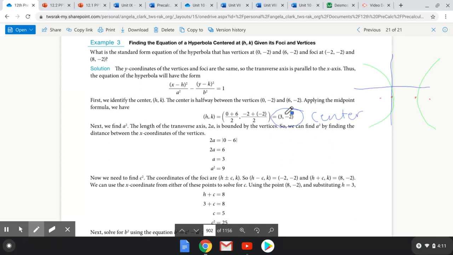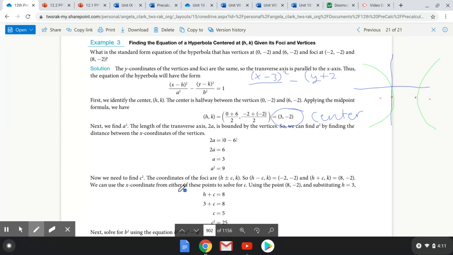Okay. So I know I can start filling in my equation. I'm going to have x minus 3, right? 3 is my x coordinate of my center, squared over something, I don't know what yet, minus, it's always minus for a hyperbola, y plus 2, right?